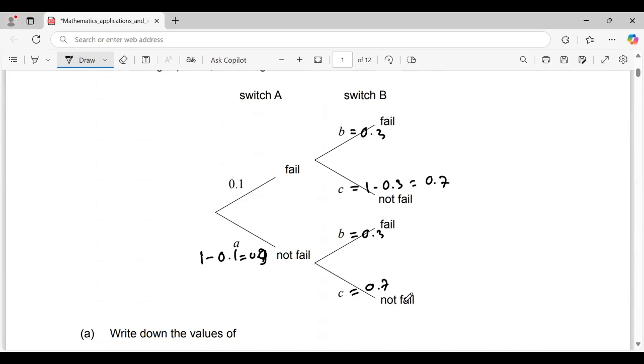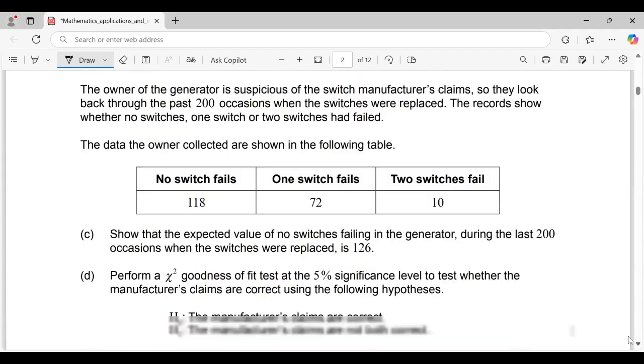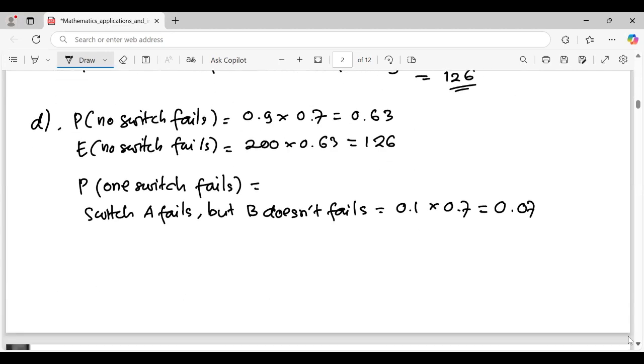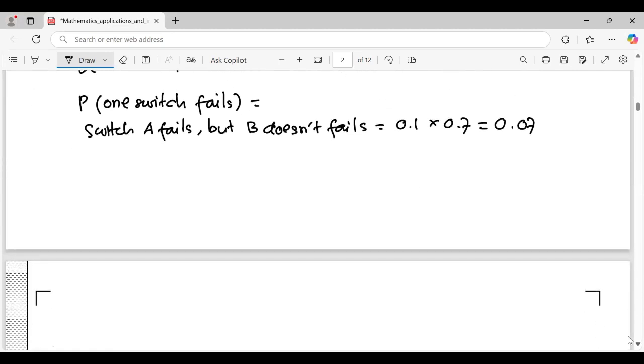If fail, it is 0.1 and 0.3. Okay. And next, if switch B fails but A doesn't fail.